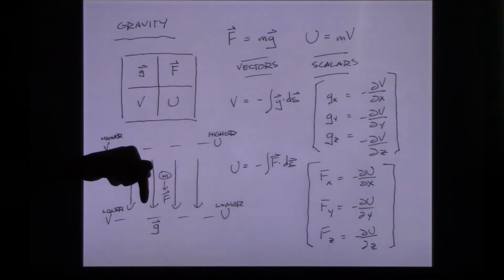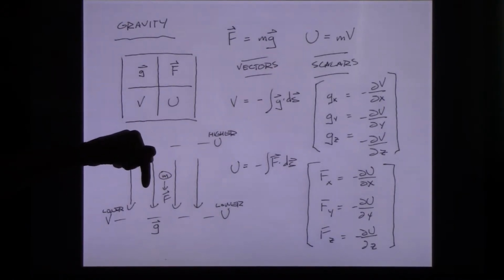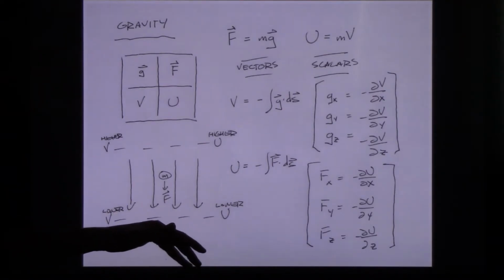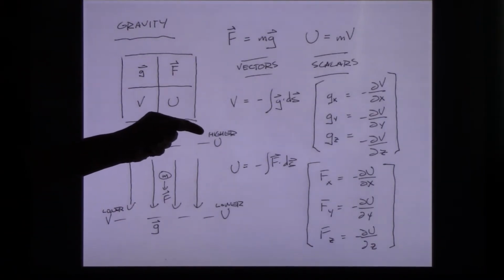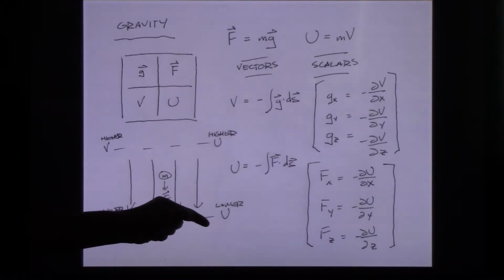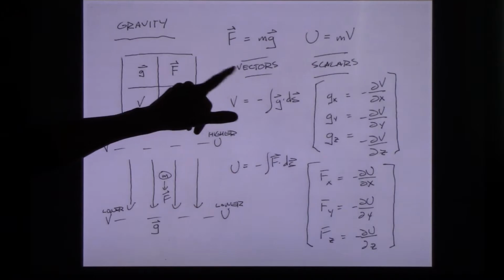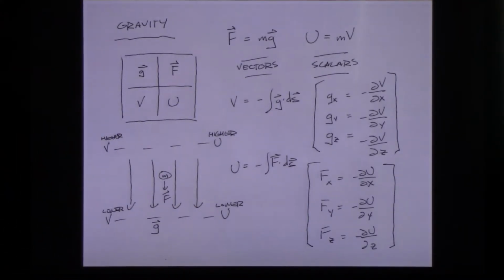And that means the gravitational field is in a particular direction. The force acting on objects in that field will experience a force in the very same direction. And that says higher potential and lower potential will match up with higher potential energy and lower potential energy. So either approach works, and the vector and scalar equations are just related by the mass of the object.